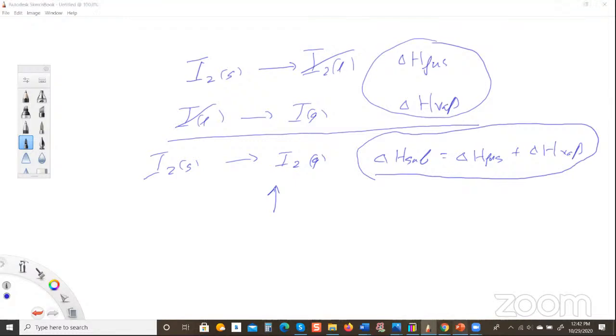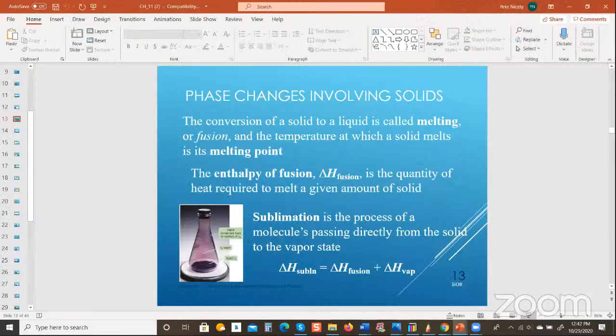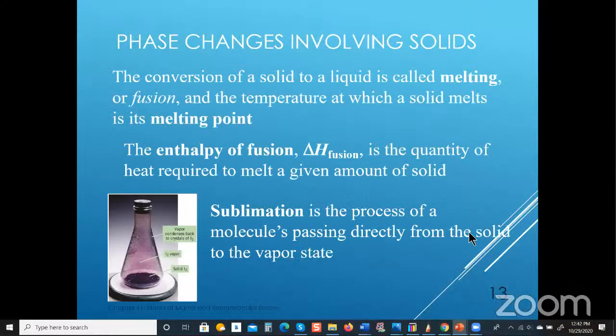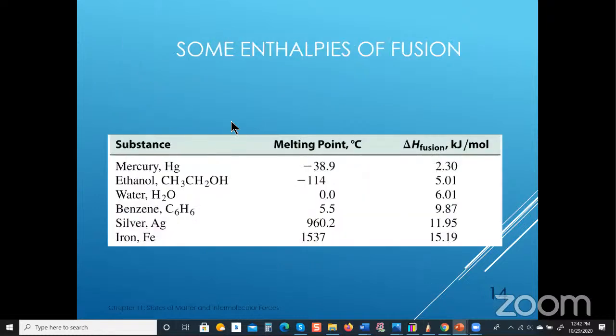Okay, so let me go back to this here. And this table here is giving you some examples of different substances and their corresponding enthalpies of fusion and melting points, all right? And as I said before, the unit for the enthalpy of fusion is usually expressed in kilojoules per mole.